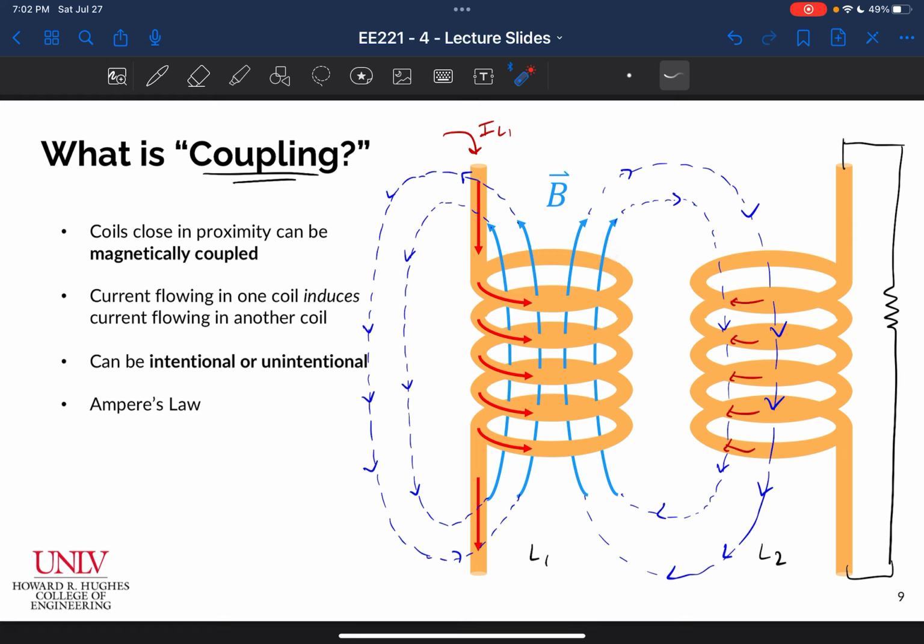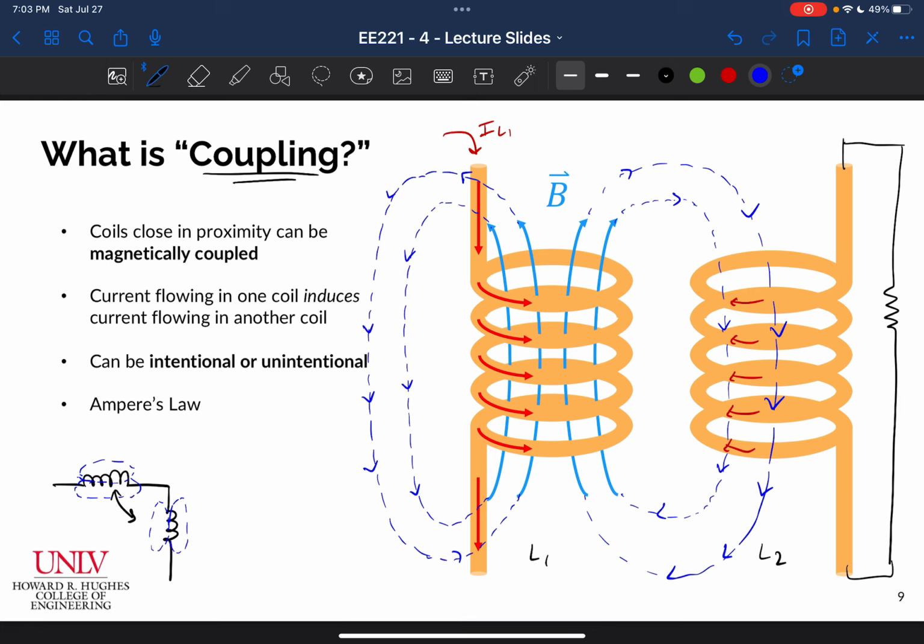So we can see that this could potentially be bad. If I have a circuit with an inductor here and another inductor here, and I don't want these two coils to interact with one another, I need to make sure that they're spaced and oriented such that the magnetic field lines coming in and out of this one aren't going to interfere with the magnetic field lines coming in and out of this one.